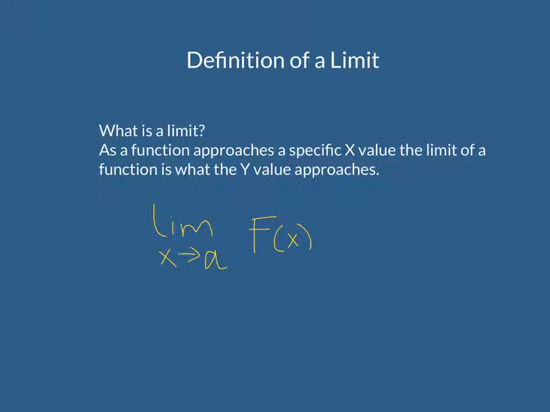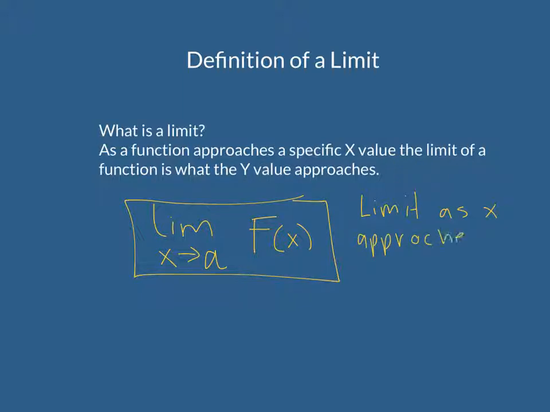Okay, and so this is how you write out the limit of a function. It says the limit as x approaches a of f of x, of the function. Okay, so a is the value x is approaching, and f of x is our function.